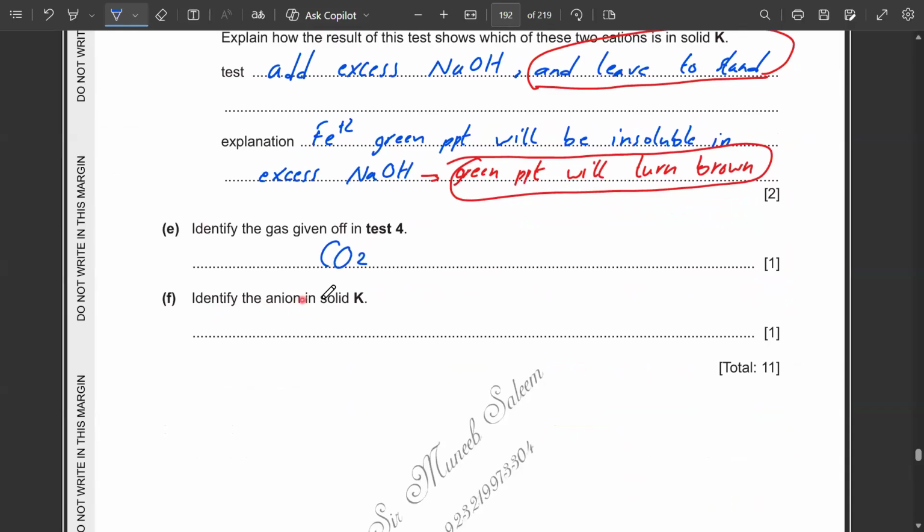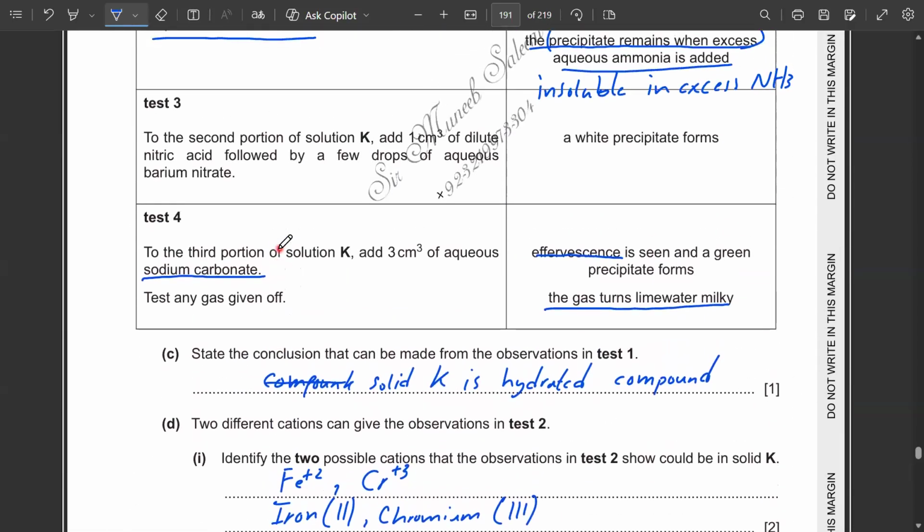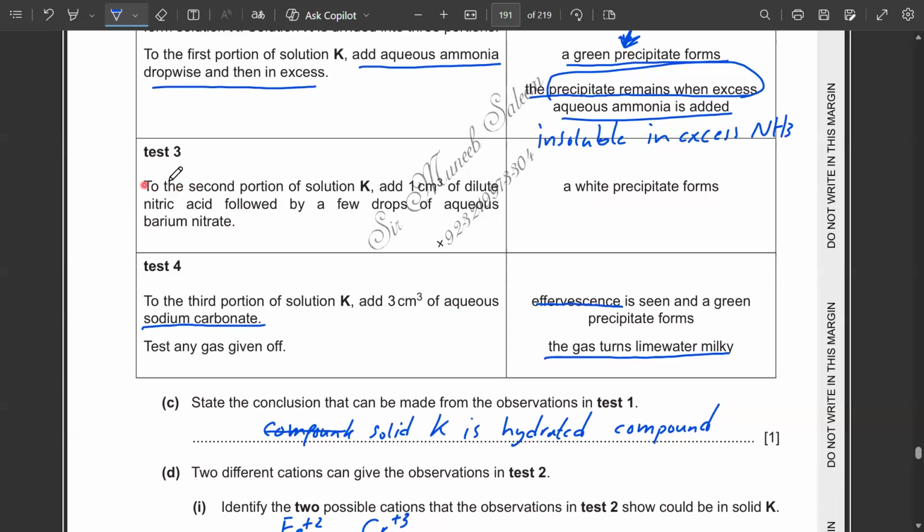Then identify the anion in solid K. Okay, so which anion is there? For this purpose, we need to also look at test 3. Test 3 says when you add 1 cm cube of dilute nitric acid followed by a few drops of aqueous barium nitrate, a white precipitate is formed. So, which type of compound produces a white precipitate upon adding barium nitrate?